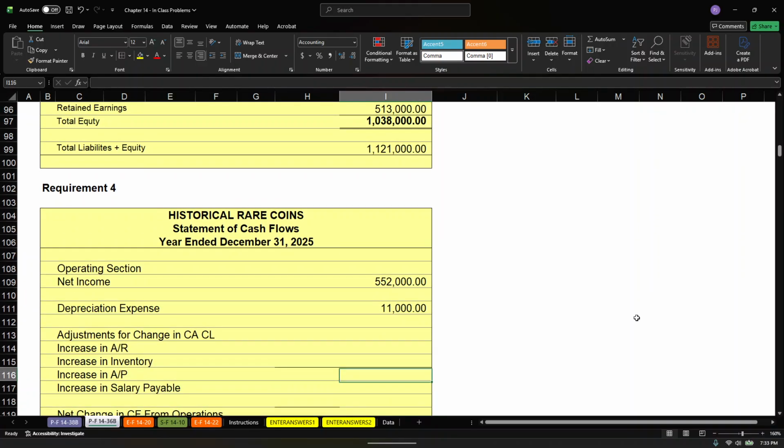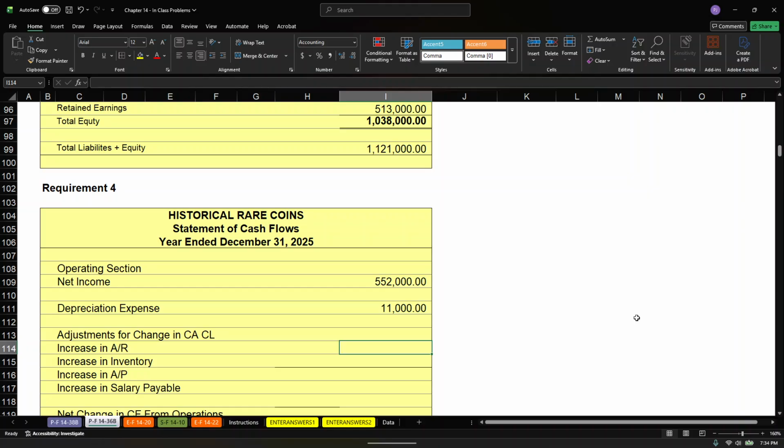Okay, so now we have to remember our rules for changes in these current assets and current liabilities. Now, again, all of these are increases because we started at 0 at the beginning of the year. Increase in accounts receivable is a negative adjustment to cash because it's a current asset.